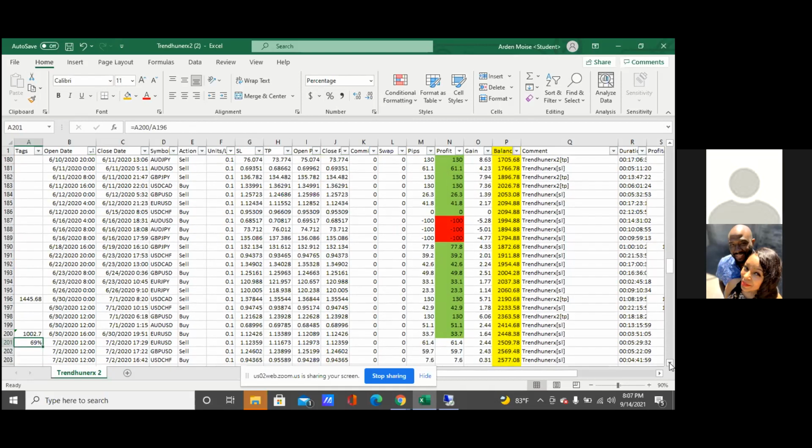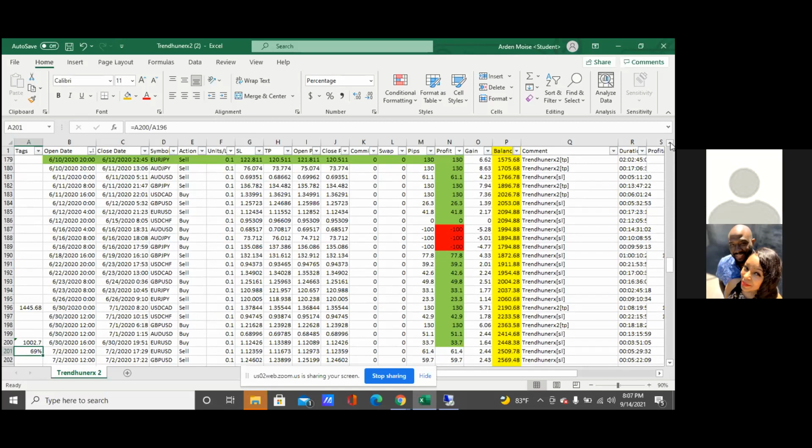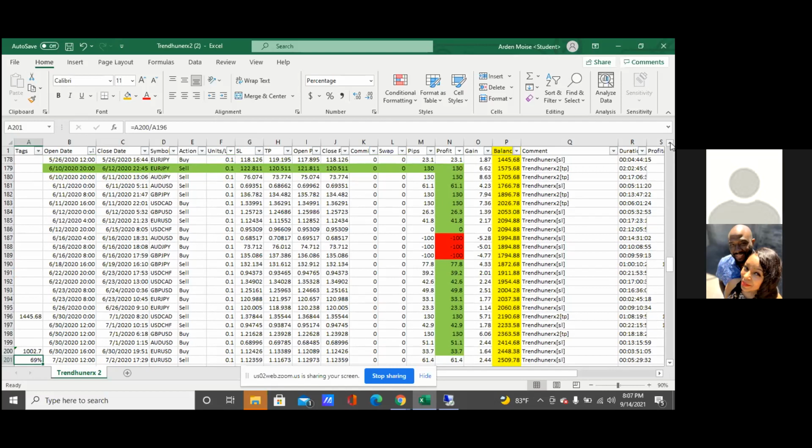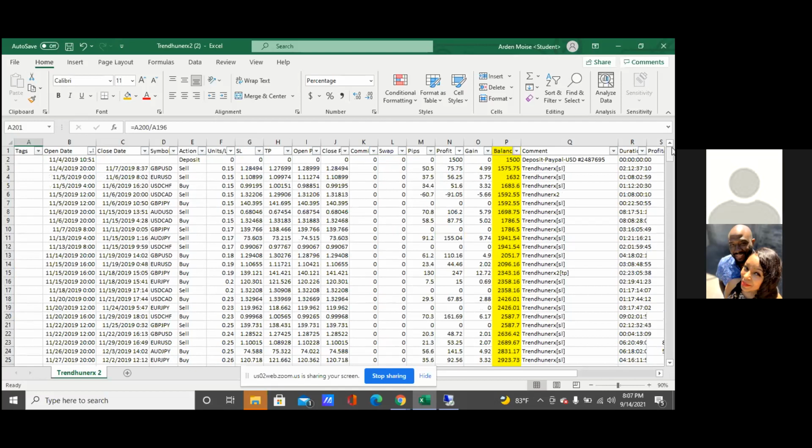So the numbers we're showing you here is just a back test of what happened last year with a smaller account. And then we're going to show you what the account ended up with at the end of the year. And we're showing you both wins and losses. I apologize, I didn't say it. This account started with 1,500. Here's the deposit, 1,500.